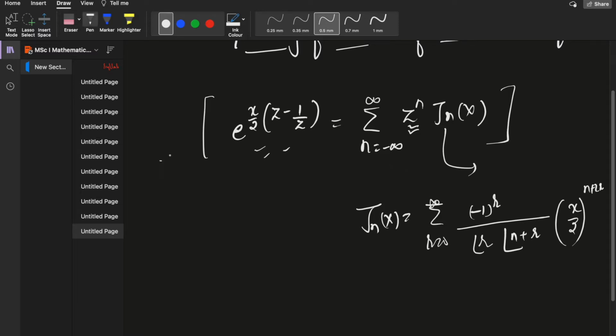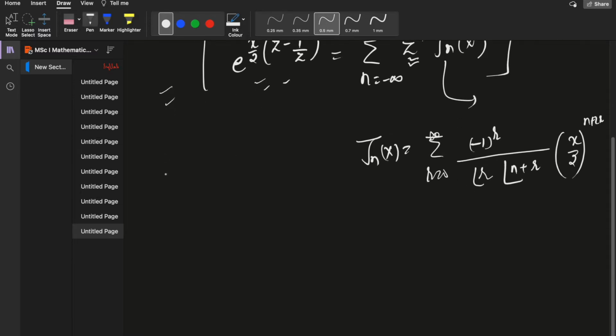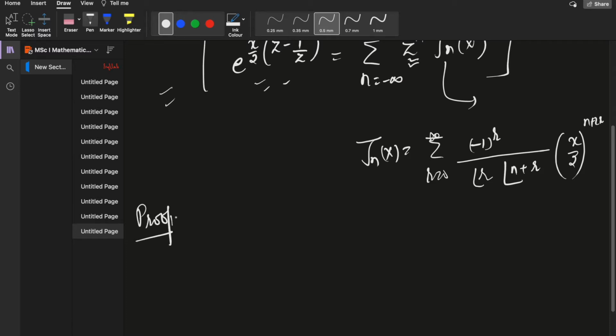Okay, just to prove this, we will use the left hand side expansion. So the proof is: e to the power x upon 2 times (z minus 1 upon z).